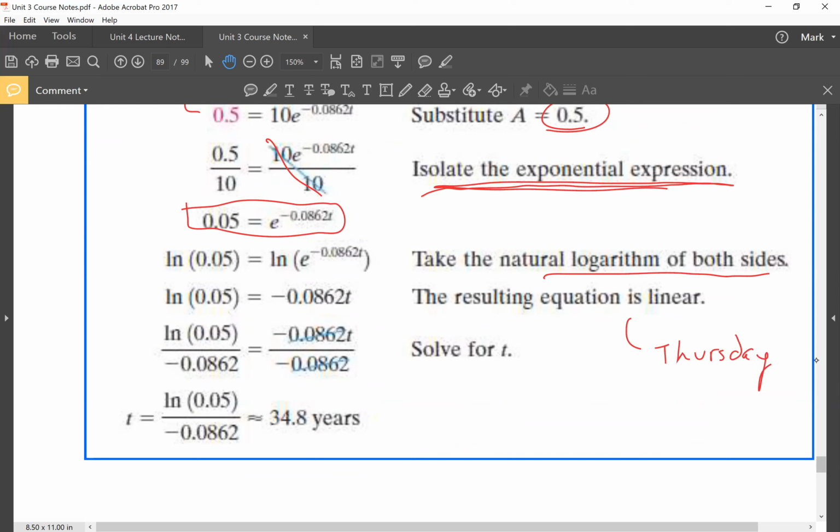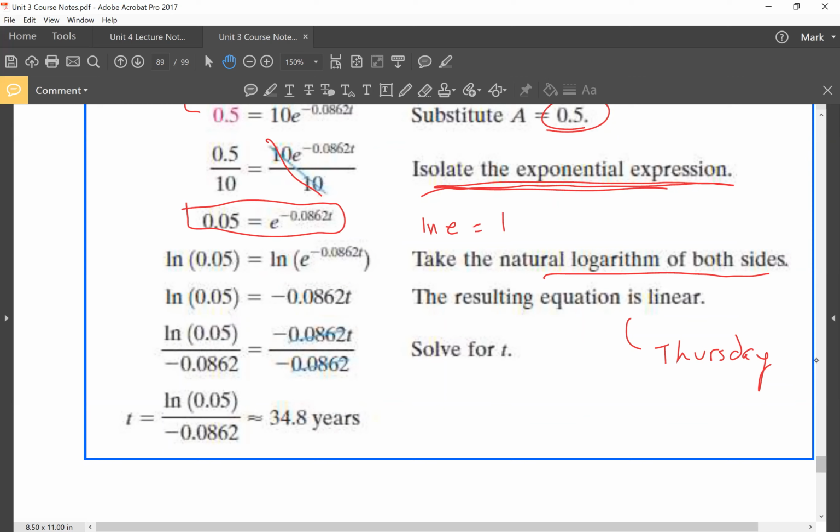When you take the natural logarithm of e, you can try this on your calculator. Well, sorry, I guess you can't put the t on your calculator, can you? But if you try ln e on your calculator, it's just 1. Actually, you don't even really need to know that.